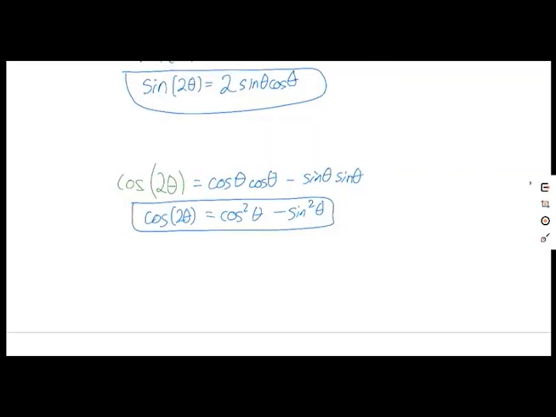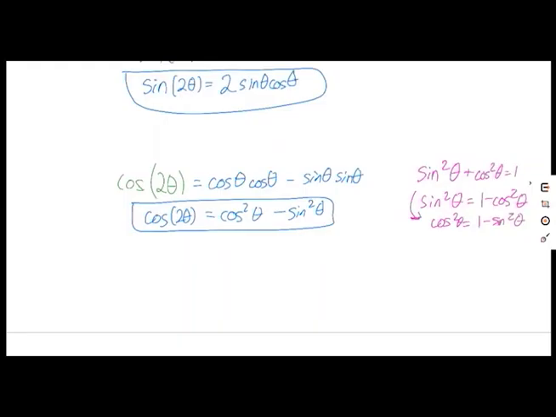I'm going to make a little substitution, starting with our basic Pythagorean identity. I could rearrange that in terms of sine squared, which would be 1 minus cos squared, or in terms of cos squared, where cos squared theta would be equal to 1 minus sine squared theta.